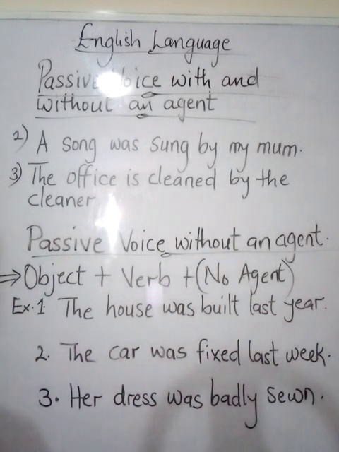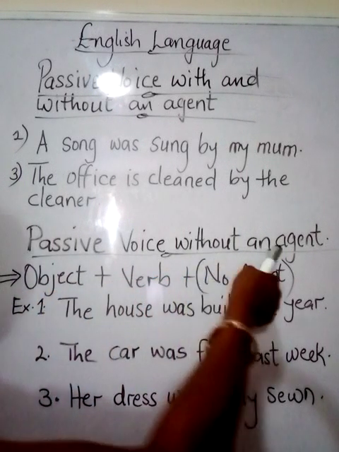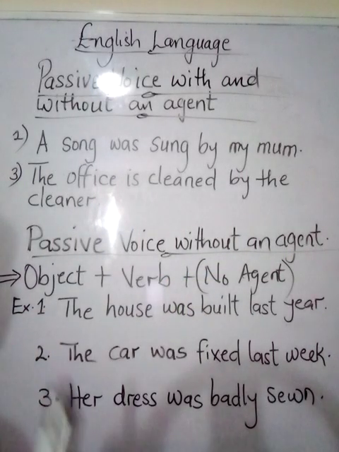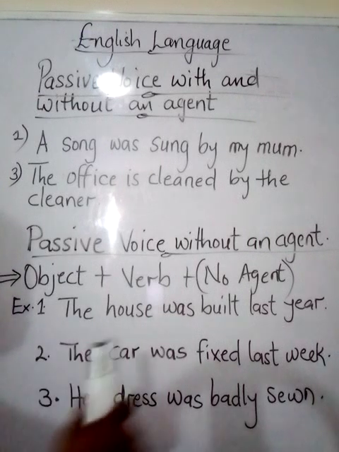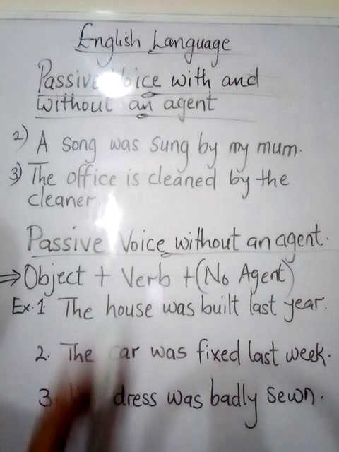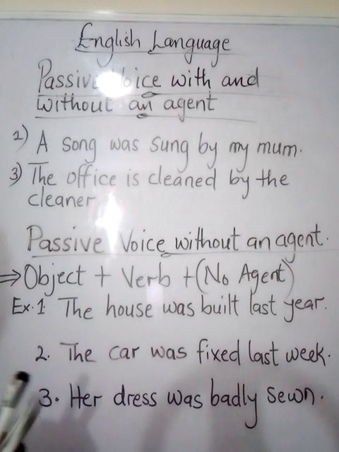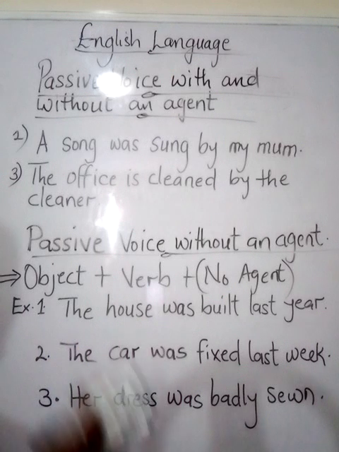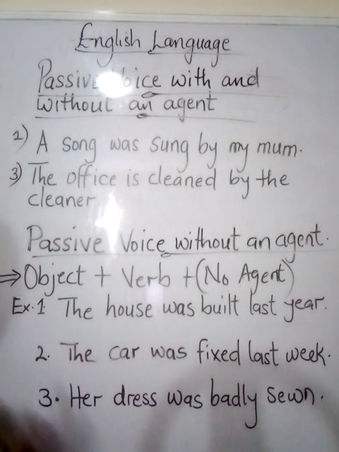But the next one we're looking at right now is passive voice without an agent. That means in this case you're going to see where the doer of the action is not mentioned at all. The carrier of the action is not mentioned. The object and the subject are only shown or represented.